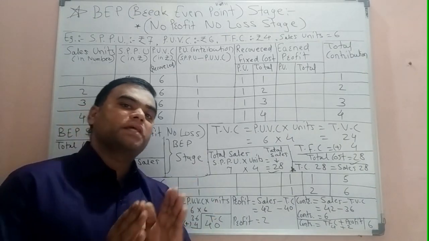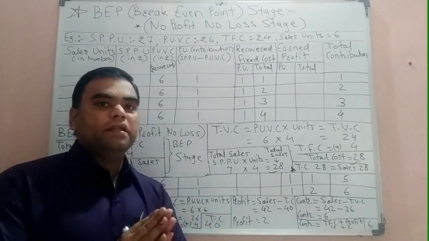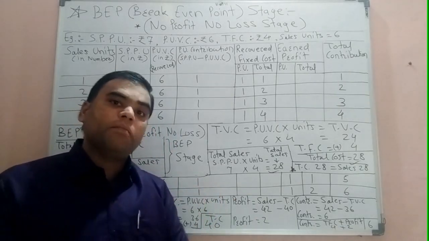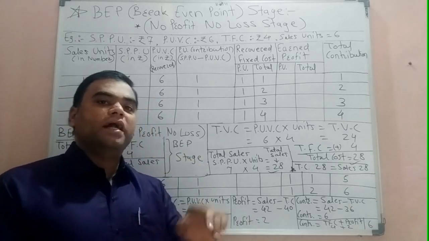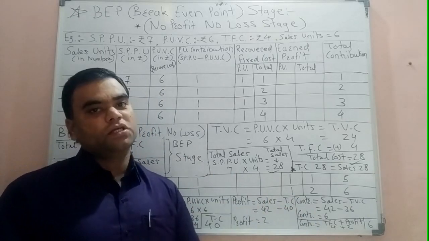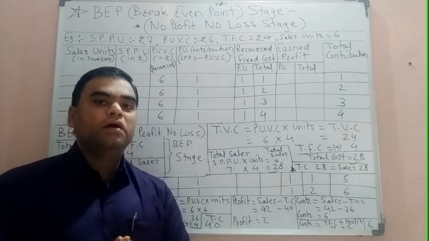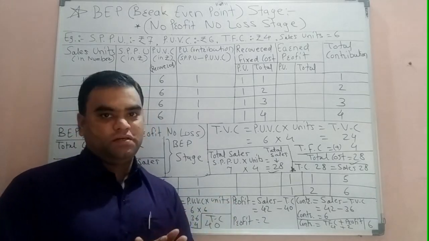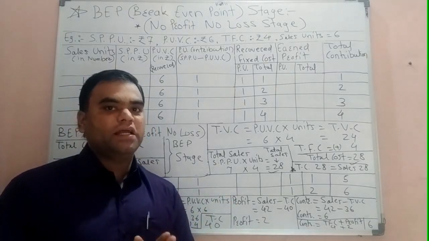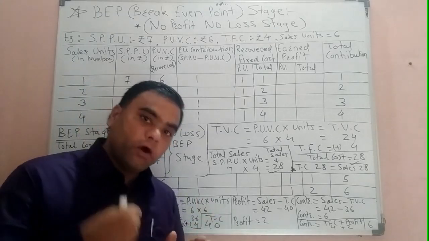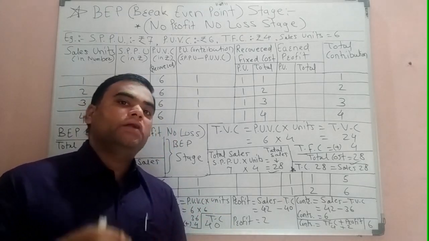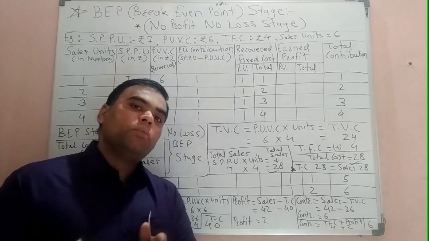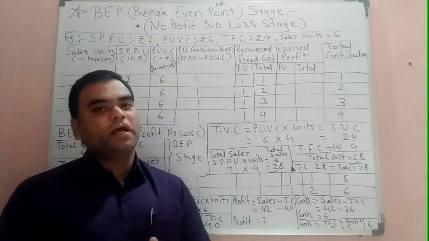When total contribution becomes exactly equal to total fixed cost, then automatically our total cost and total sales also become exactly equal, and as a result the no profit, no loss stage comes, and that stage is known as BEP stage.